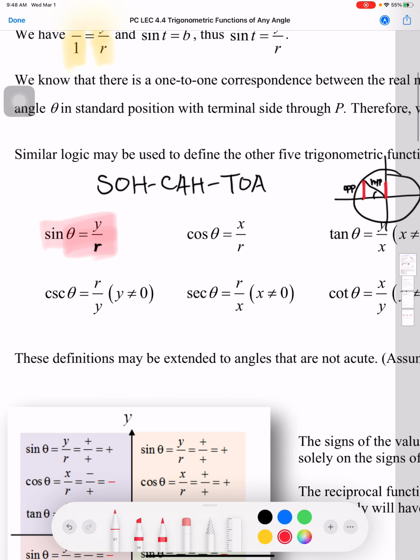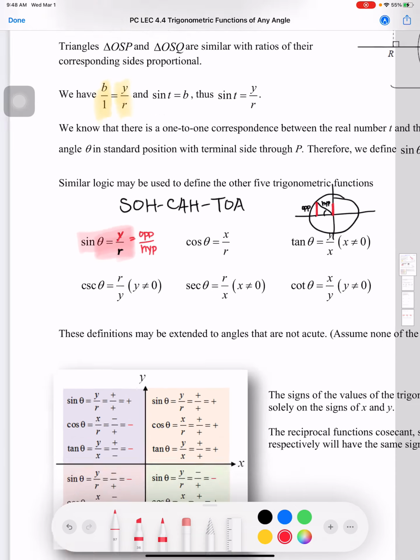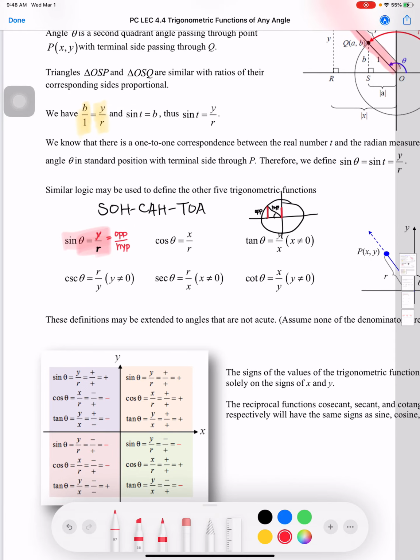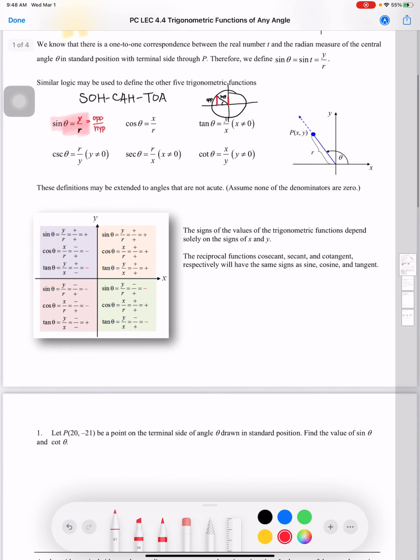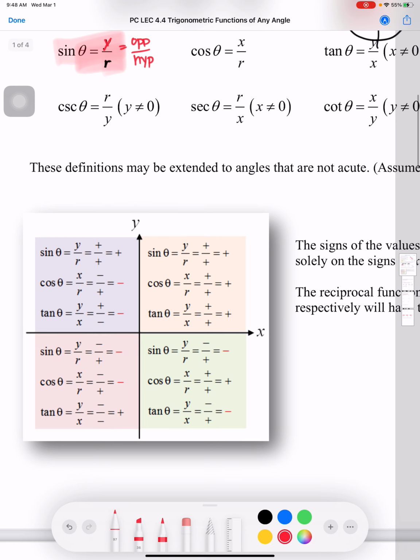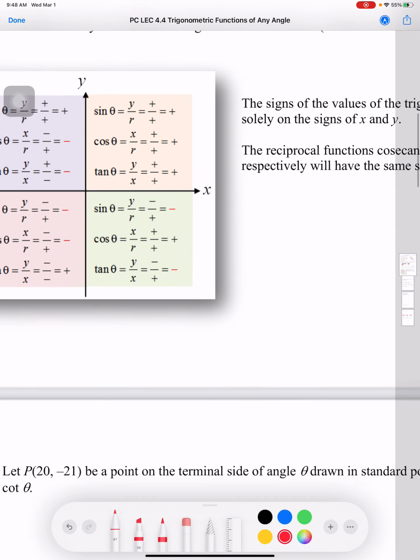So that is why we say that sine theta now is y over r, but it is still the exact same thing as opposite over hypotenuse. Do not get that confused. You can go through that and look over these identities to remind yourself. And this chart right here is reminding us where sine, cosine, and tangent are positive and negative in the coordinate plane.